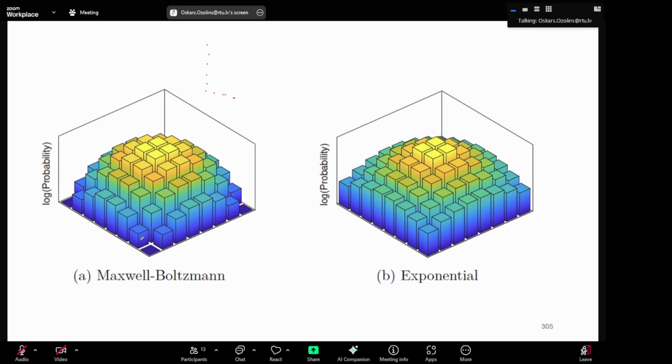And there are different distributions that could be used, and that depends on what type of impairments you have. I mean, one of the most popular is this Maxwell-Boltzmann, and then you can also use exponential, right? But this needs to be optimized depending on every system, depending on nonlinearities and things in the system.